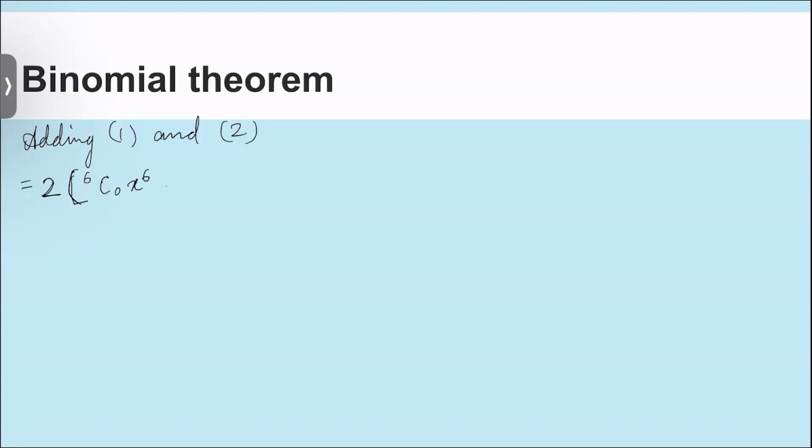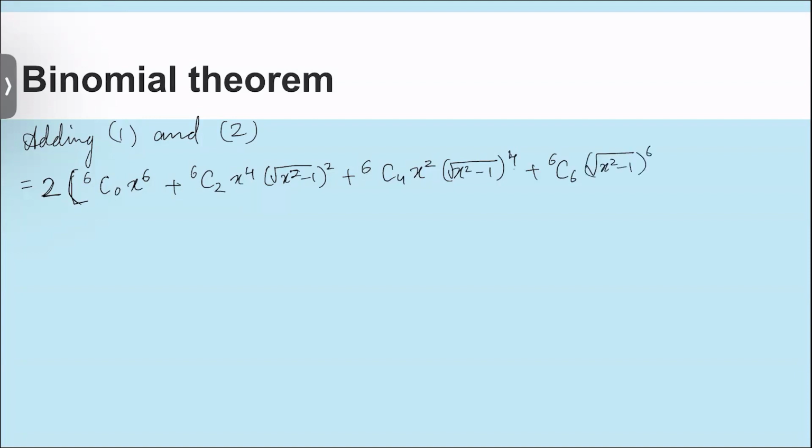Then you will have plus 6c2 x raised to 4 times root of x squared minus 1 squared, okay, plus 6c4 x squared times root of x squared minus 1 the whole raised to 4, and the last term 6c6 root of x squared minus 1 the whole raised to 6.